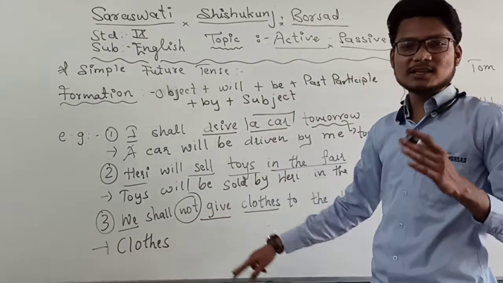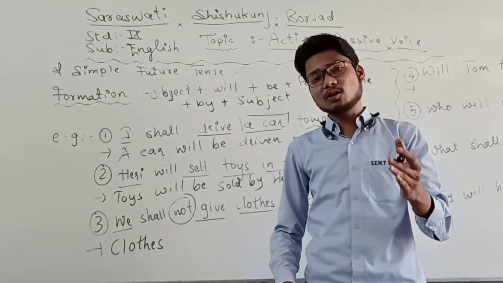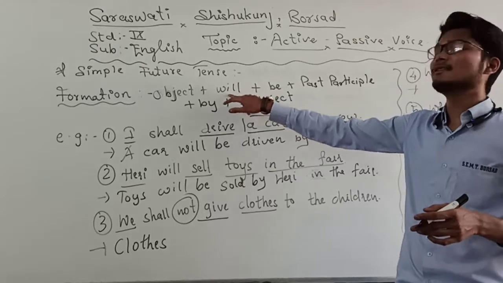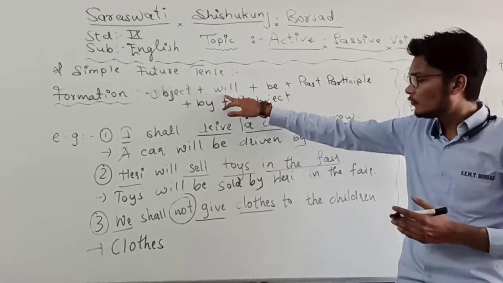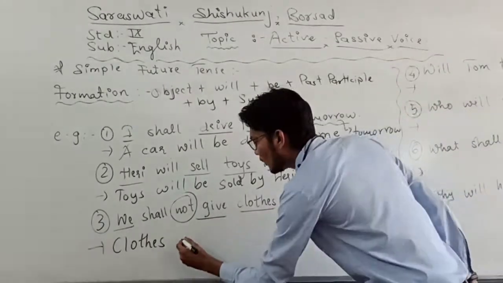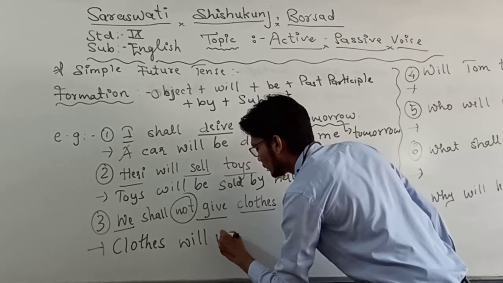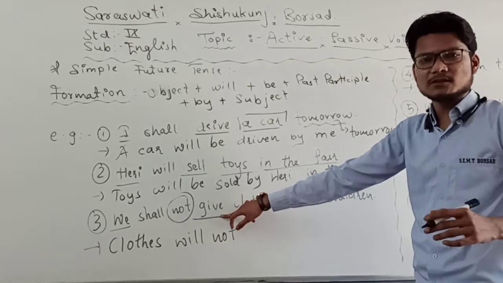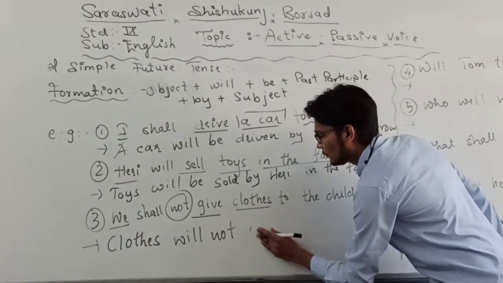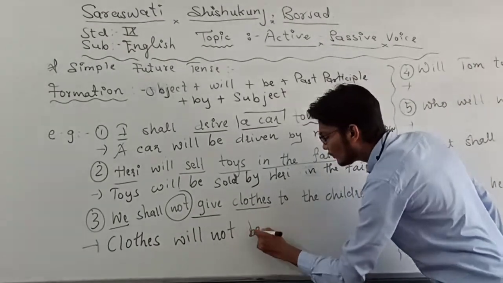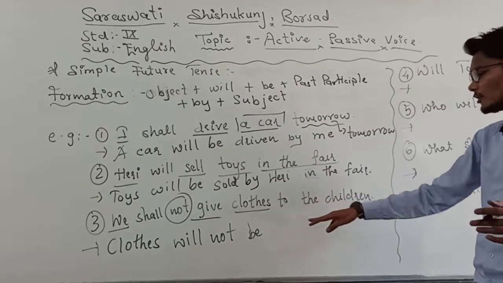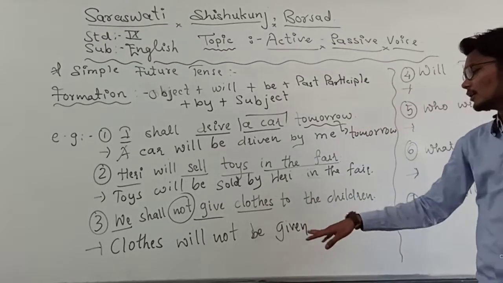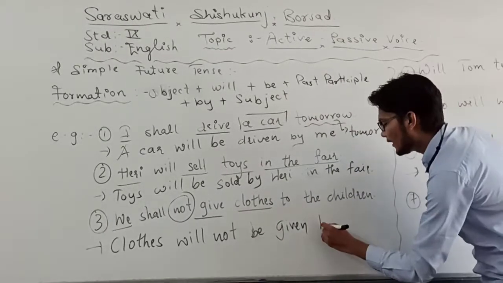Now here shall not is given to you, but you are not going to write shall not. Instead, what you have to write is will not or won't. So this is your answer. Clothes will not. Give. What is the past participle of give? That is given. Will not. Okay, don't forget be. Clothes will not be given by.